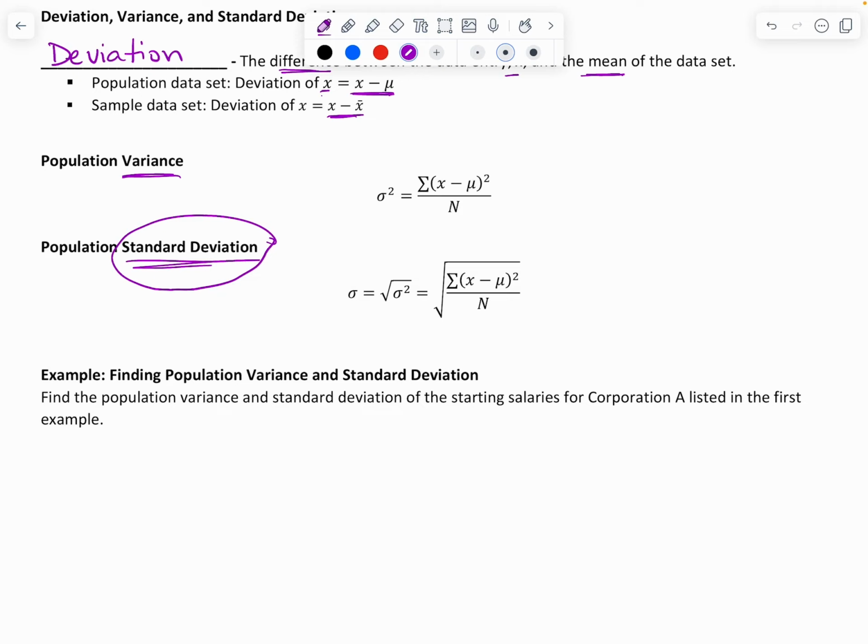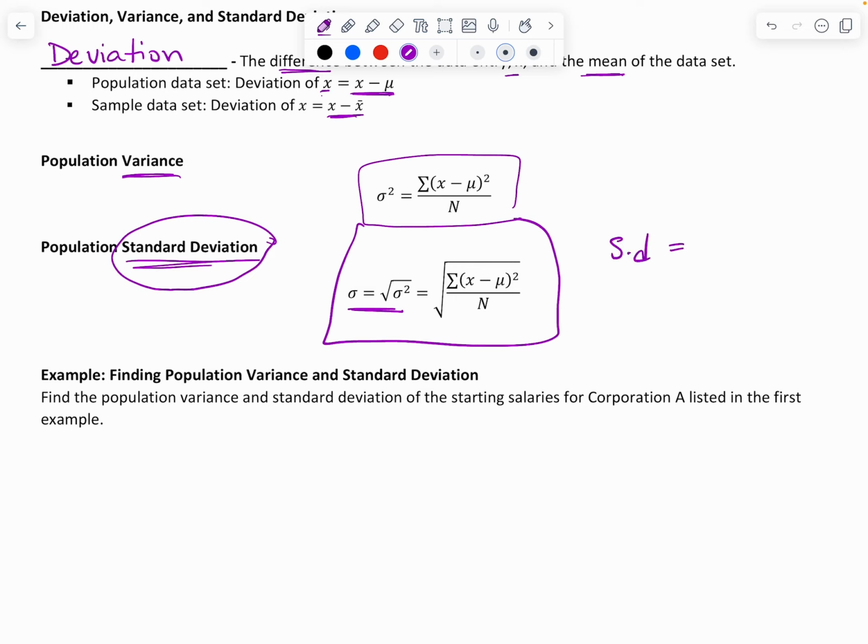And so you'll see those differences as well. Your population variance, this is your formula. Your standard deviation basically just says to take the square root of the variance. So your standard deviation is equal to the square root of your variance.